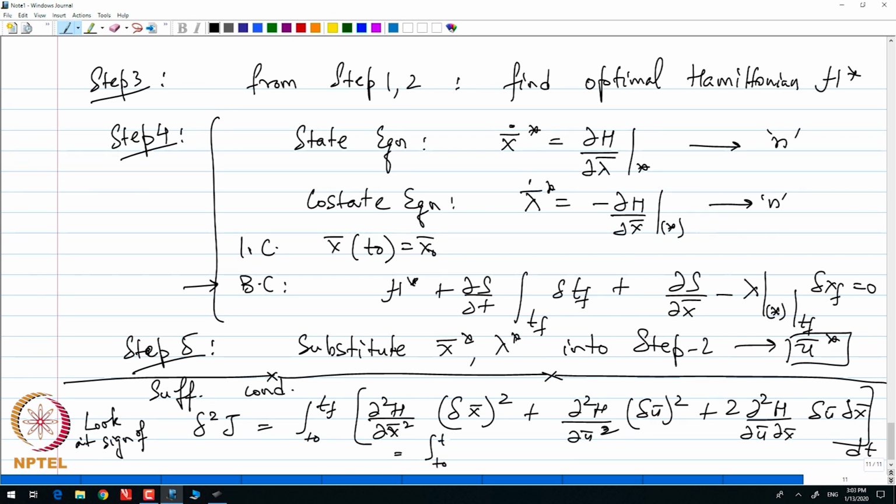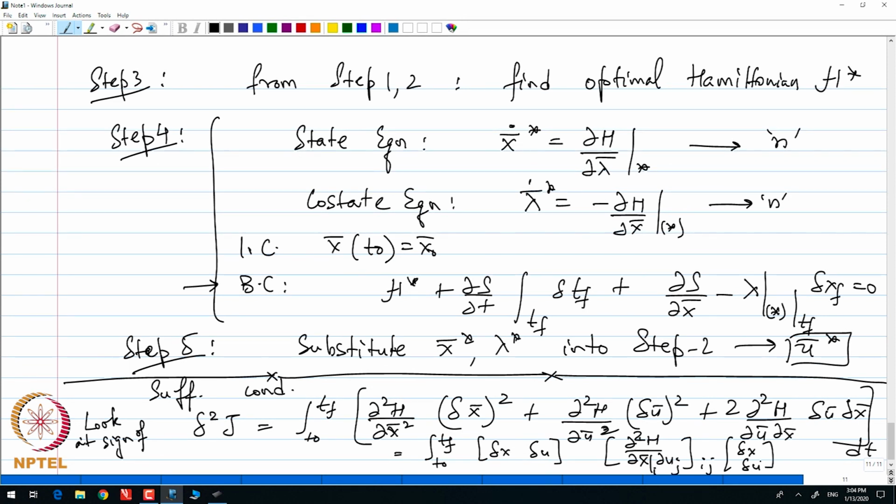We can write it in the form of the Hessian matrix. So, the integral from t 0 to t f of delta x, delta u times the Hessian matrix, which has partial x x and partial x partial u entries. This is the ith component, the jth component, so this is ij, a second order tensor, times delta x, delta u.